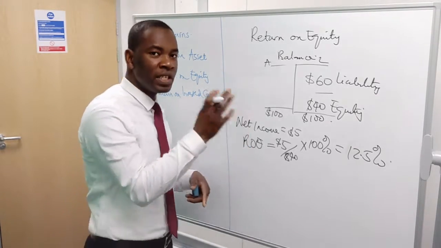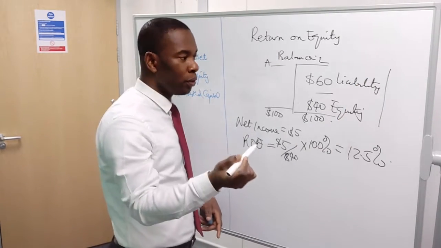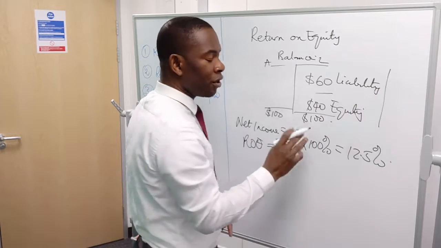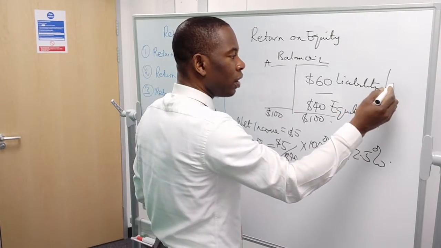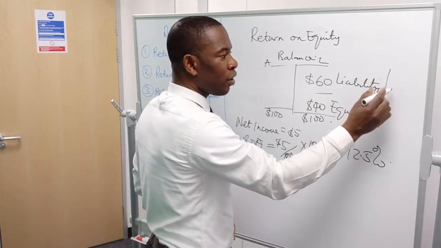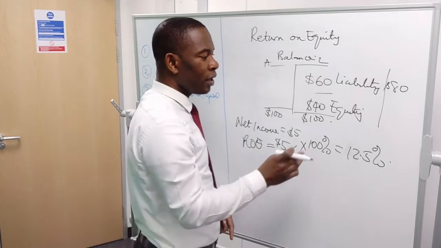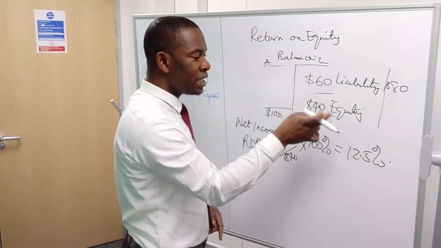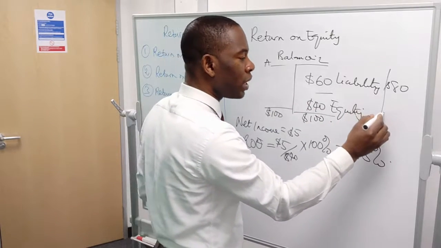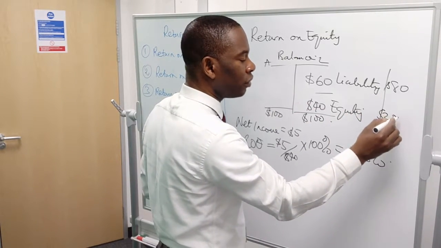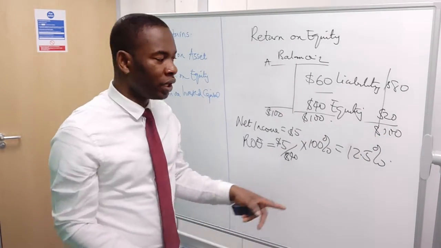Let's assume for this same business, you are forced to borrow more and you had experienced a loss. So you borrow more and your liability becomes $80. But you had experienced a loss before, which brought your equity down to $20. Remember, we still have 100 put together.